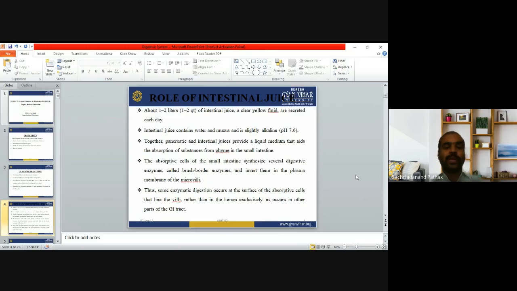The absorptive cells of the small intestine synthesize several digestive enzymes called brush border enzymes and insert them into the plasma membrane of the microvilli. So some enzymatic digestion occurs at the surface of the absorptive cells that line the villi rather than exclusively in the lumen, as occurs in other parts of the gastrointestinal tract.